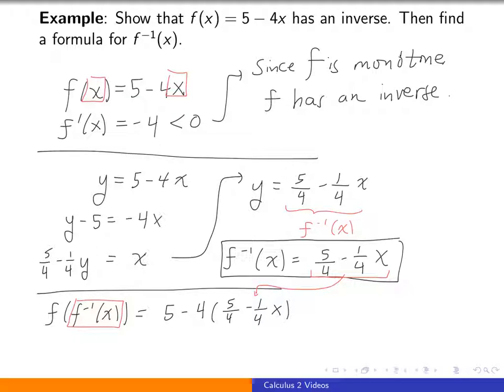So the 4 distributes through and cancels. What we are left with is 5 minus 5 plus x, which equals x. So f of f inverse equals x, and I'll leave it to you to check that f inverse of f of x should also be equal to x.